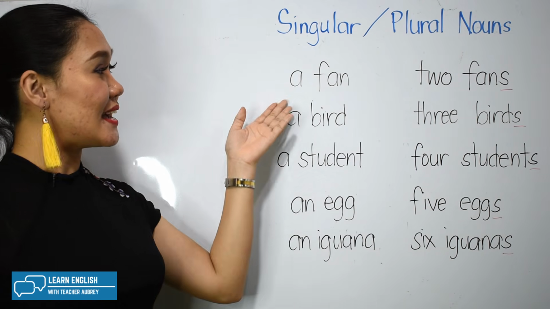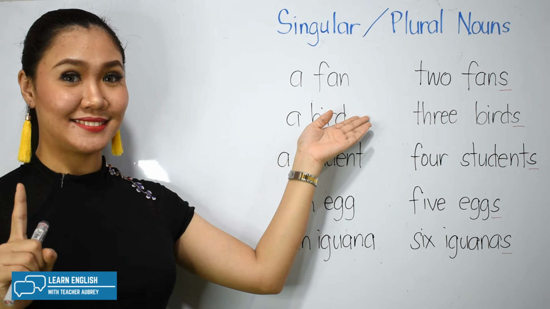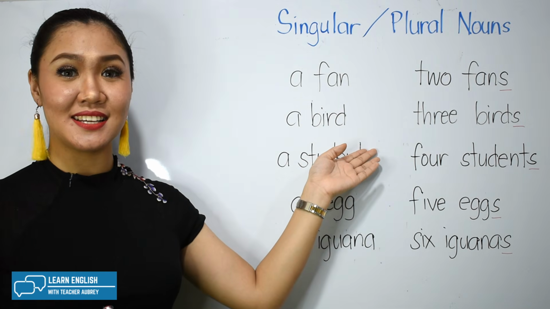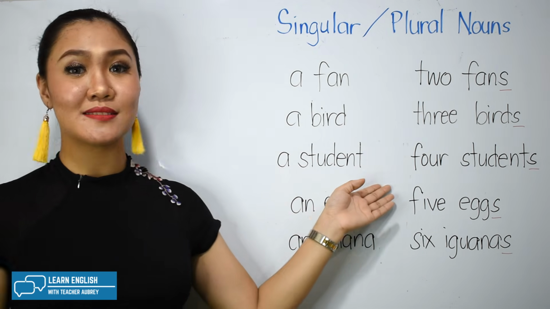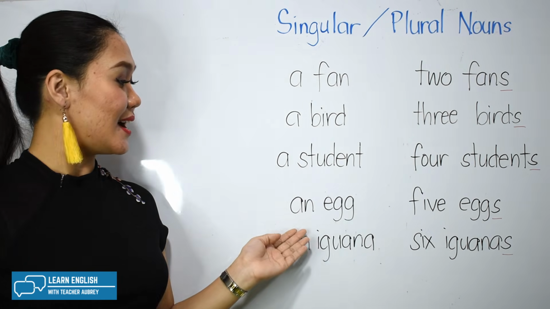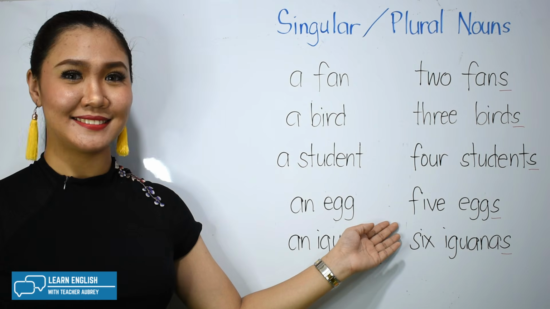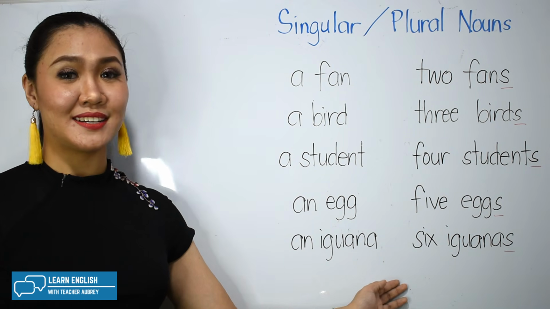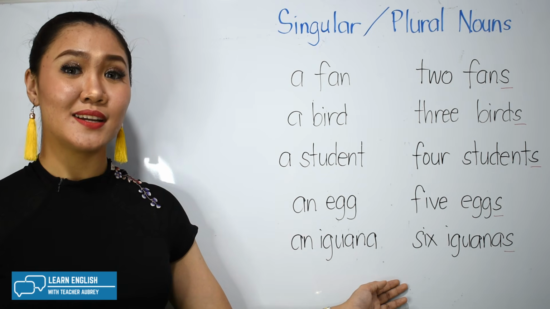So when we say a fan, that is only one fan. A bird is only a single bird. A student talks about a single student. An egg talks about a single egg. And an iguana talks about a single or one iguana.